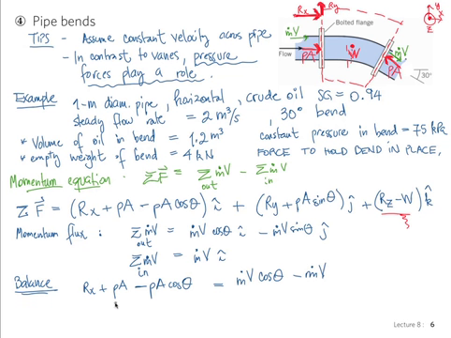In the y direction, it's a little bit easier. We have Ry plus PA sine theta equal to minus m dot v sine theta. Yes, thank you, minus sine. And Rz equals weight.